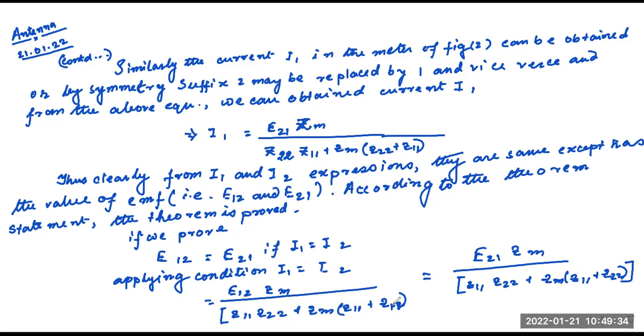This will be 2 2, sorry. So we can write E of 1 2 equals E of 2 1. So that is the proof.